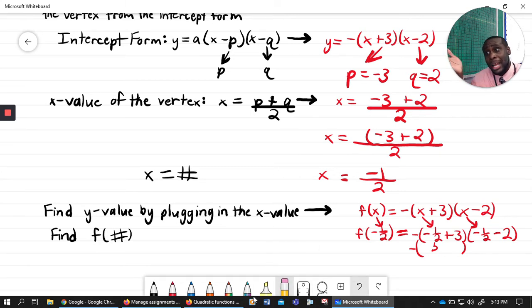Like I said, I'm a fraction guy. I love fractions, so I ain't got no problem with doing fractions. 5/2, and again, this one here, when you say -1/2 minus 2, you wind up getting -2.5, which is -5/2.